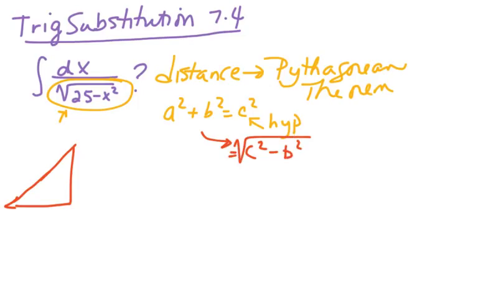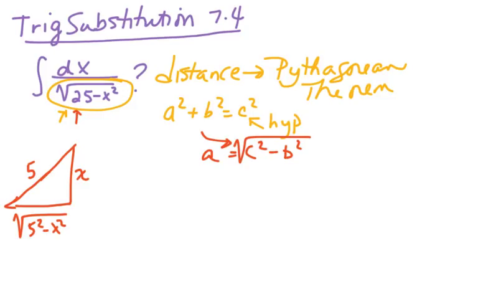The square root of it would be that leg. So let's lay it out on the right triangle. The hypotenuse squared is 25, and the square root of 25 is 5, so I'm going to lay that down as my hypotenuse. I'm going to put one of my legs here, and the unknown leg would be the square root of 5 squared minus x squared.